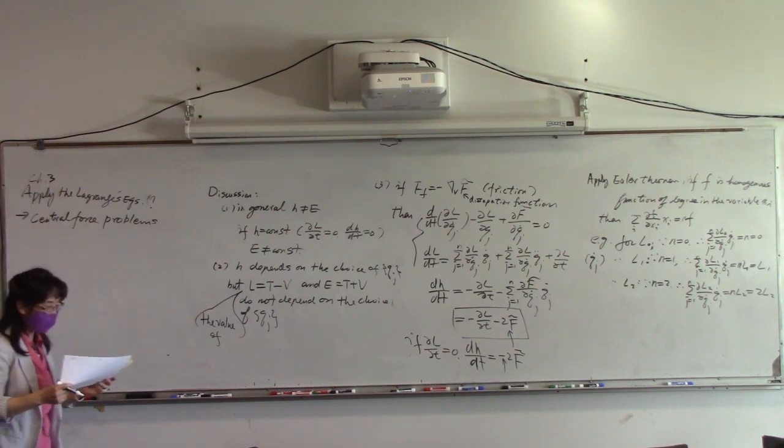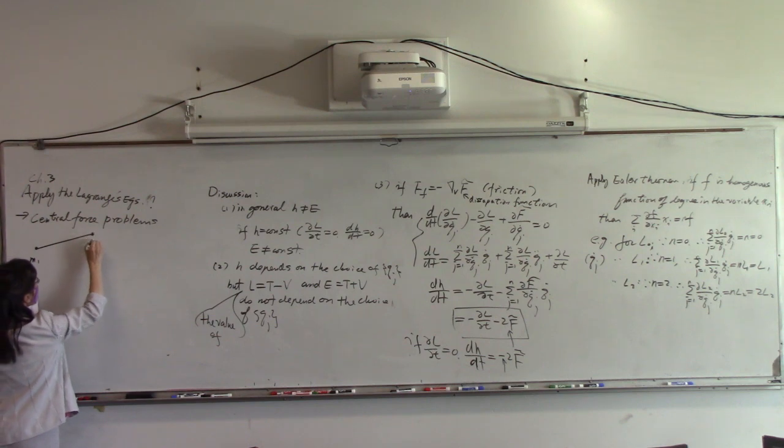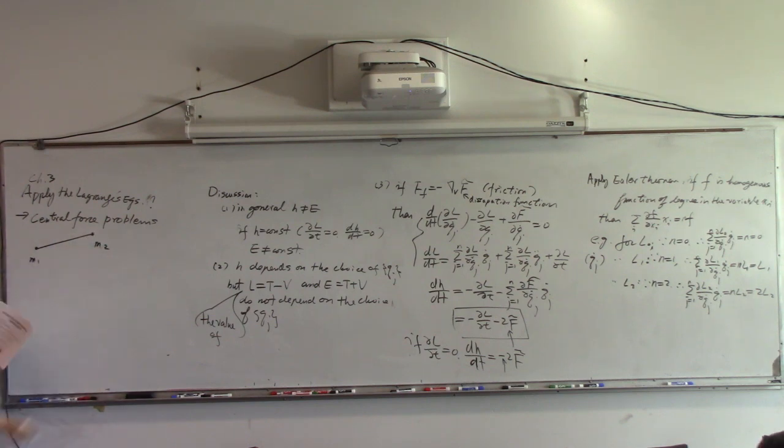Okay, let's start chapter 3. When we say central force, we focus on two objects or particles, and we know the force. The central force means the force along the line between these two, right? So if this one feels a force from M1, that may be repulsive, along the line.